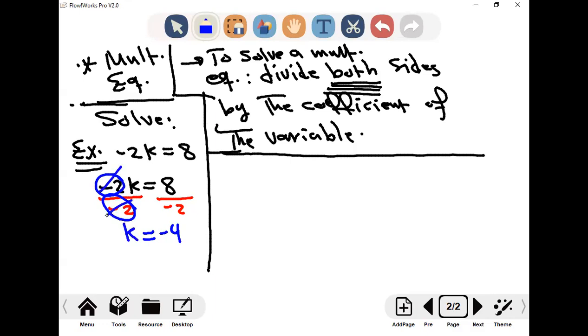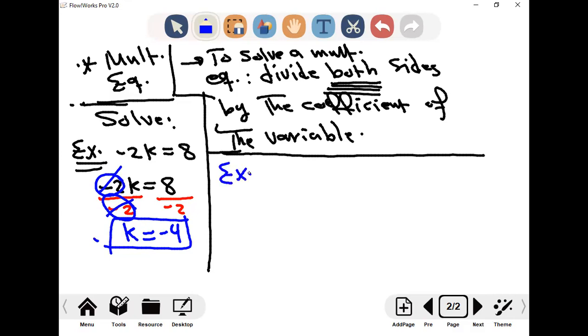So negative 2 crossed with negative 2, and still k equals the result. Done. So to solve the multiplication equation, we divide both sides by what? The coefficient of the variable. Got it?